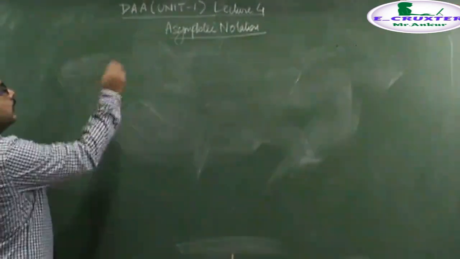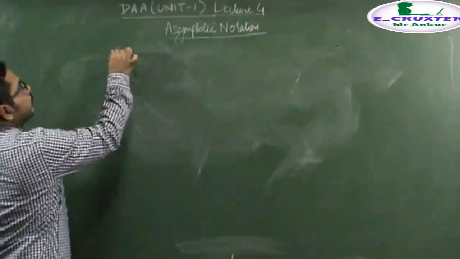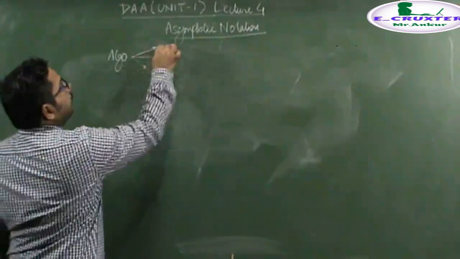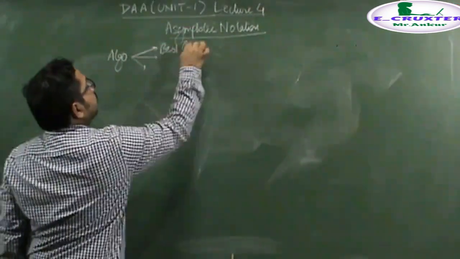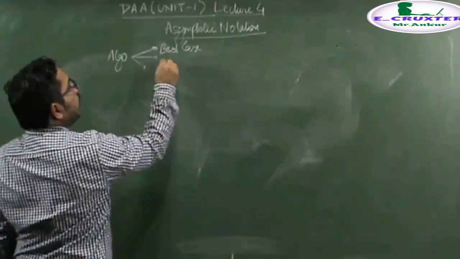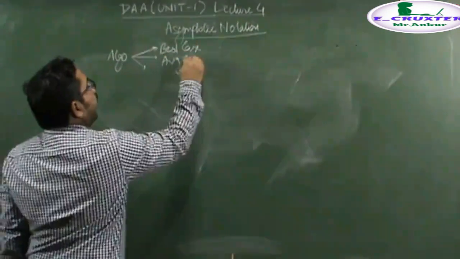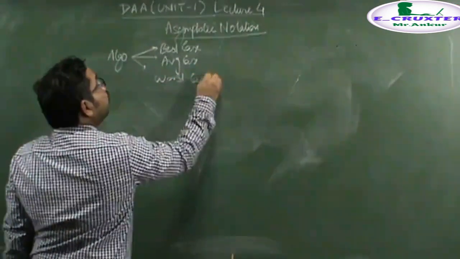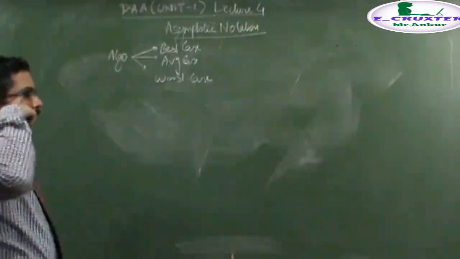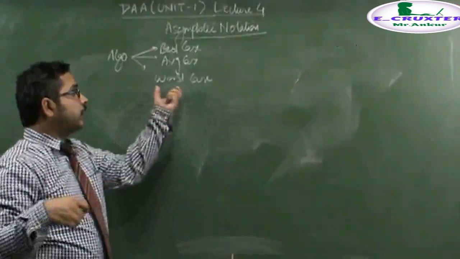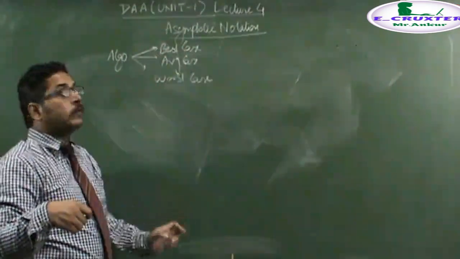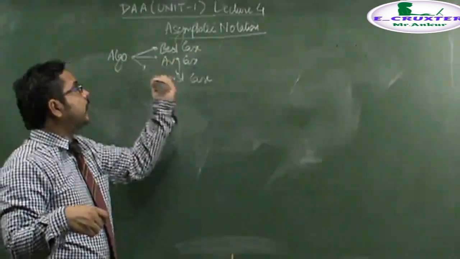Earlier we noticed that when we study any algorithm, we can analyze it on the basis of three situations: the best case, the average case, and the worst case. For example, when we are sorting elements in ascending order, the worst case is when the array is reverse sorted, the best case is when the array is already sorted, and the average case is in between them.